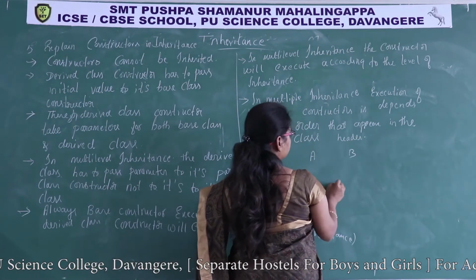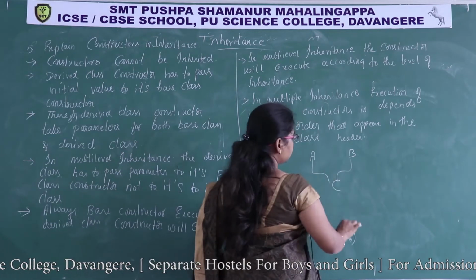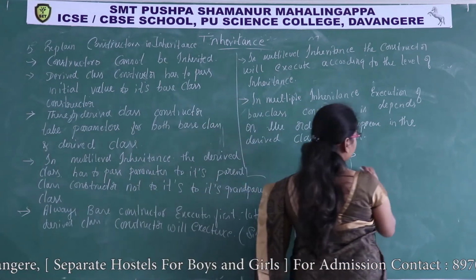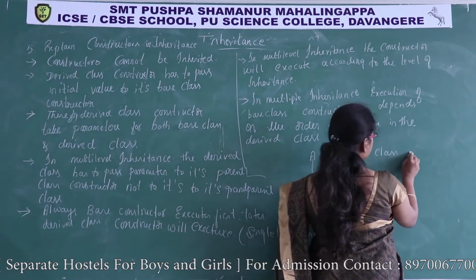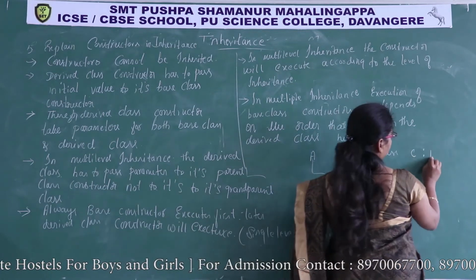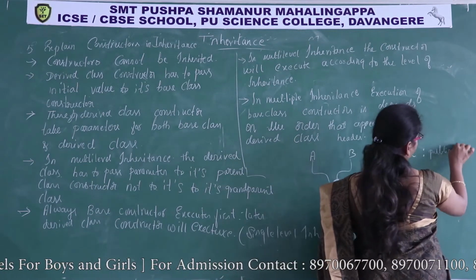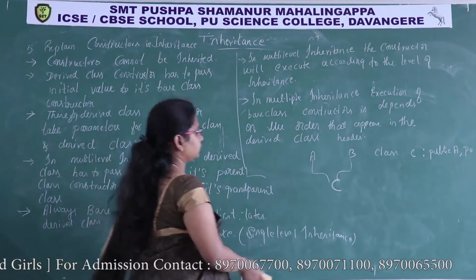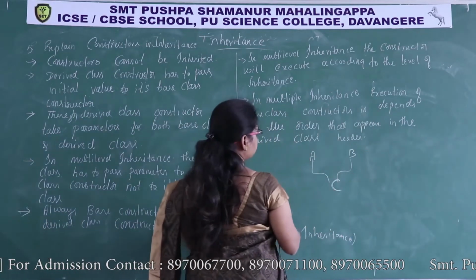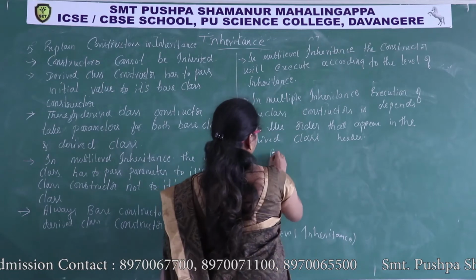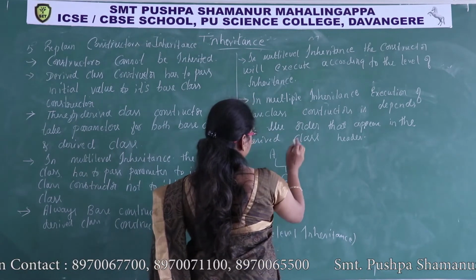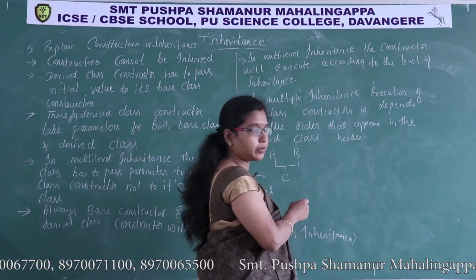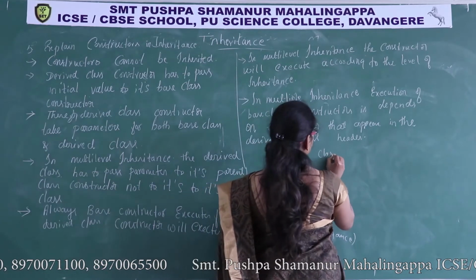A and B, and another class is C. So C is a derived class of A and B. So which class constructor executes first? That depends on the header: class C colon. As per the definition of multiple inheritance, two or more base classes and one derived class, the derivation is like this.